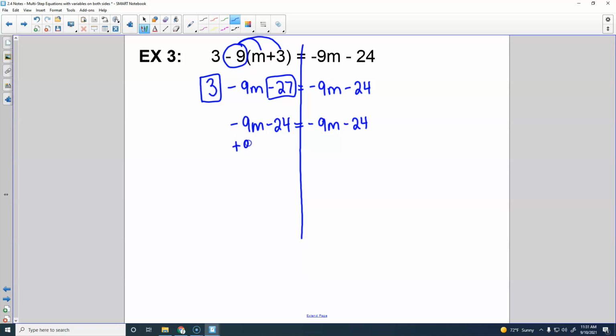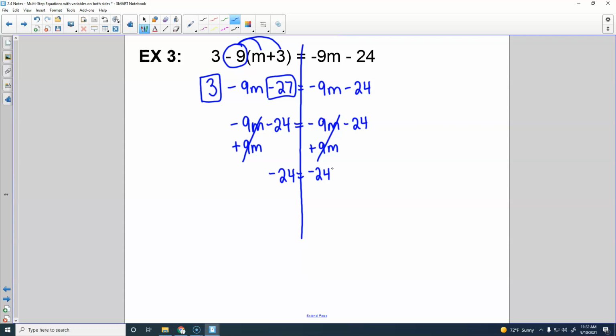If you move your variables, which is the next step that we should do, what happens is, what is negative 9 plus 9? It's 0. It cancels out, right? That's what you want to happen. But over here, you also have a negative 9 plus 9. It cancels out, which is 0. Those are gone. So you just end up with negative 24 equals negative 24.